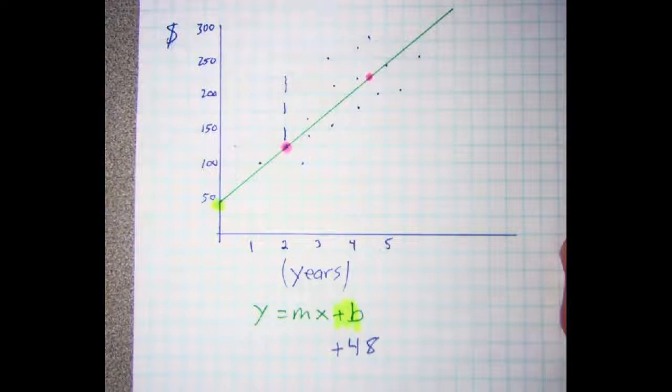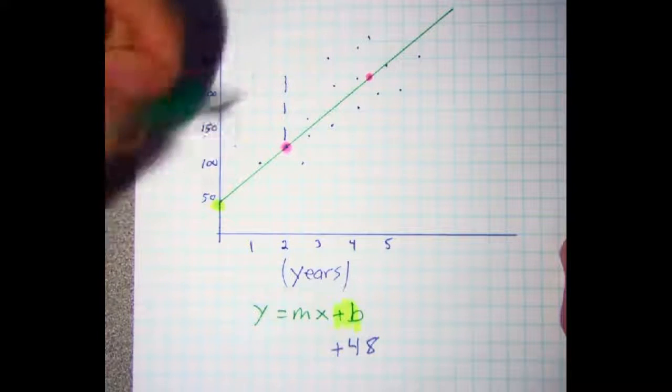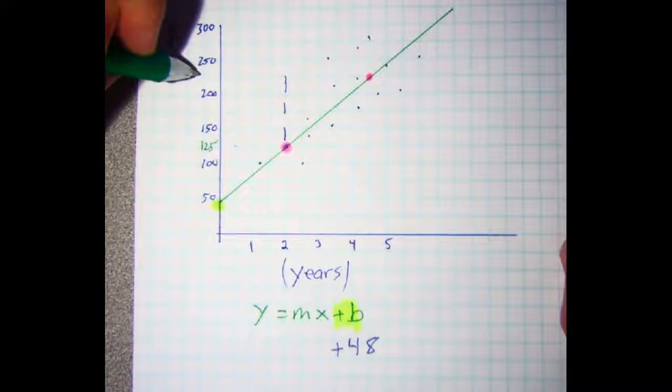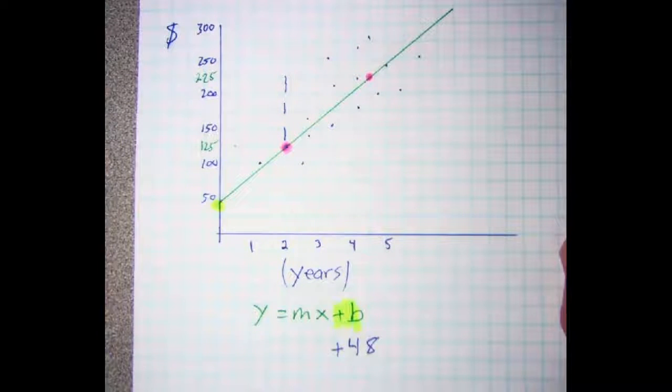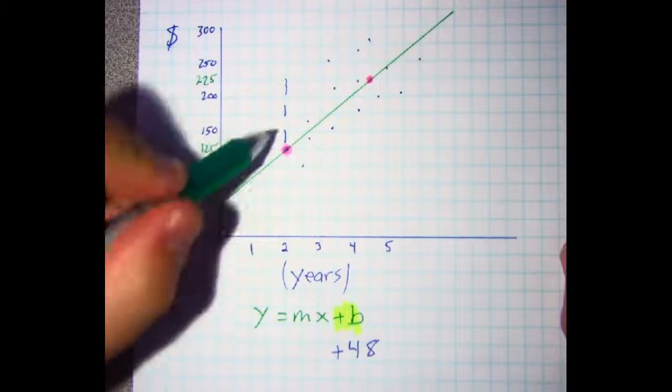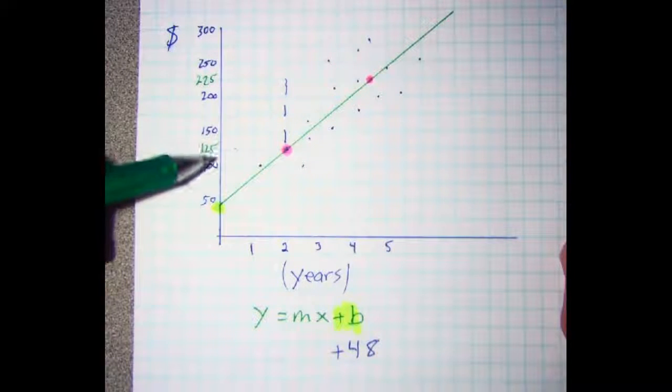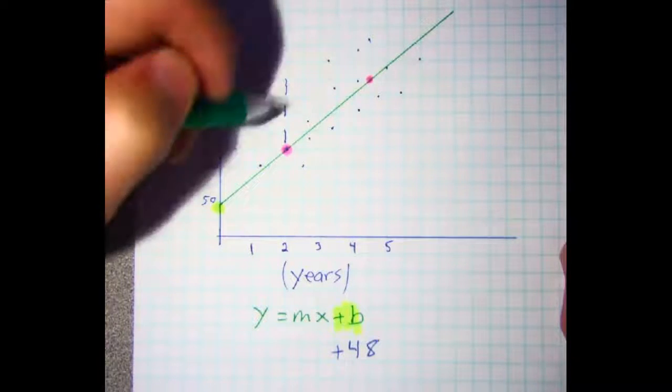Okay, and notice the rise on here. We're going to go from, this is 125, right? And this is 225. So the rise here is not 1, 2, 3, 4, but it's going from 125 to 225. The rise is 100.